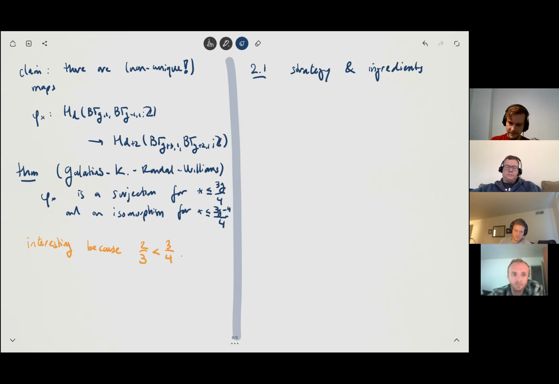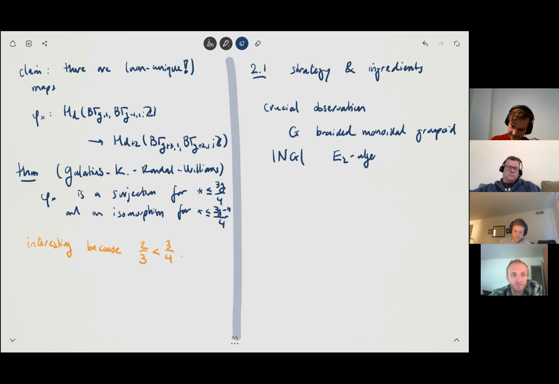So the crucial observation is that whenever G is a braided monoidal groupoid, if you take the classifying space of the nerve, I get something called an E2 algebra.